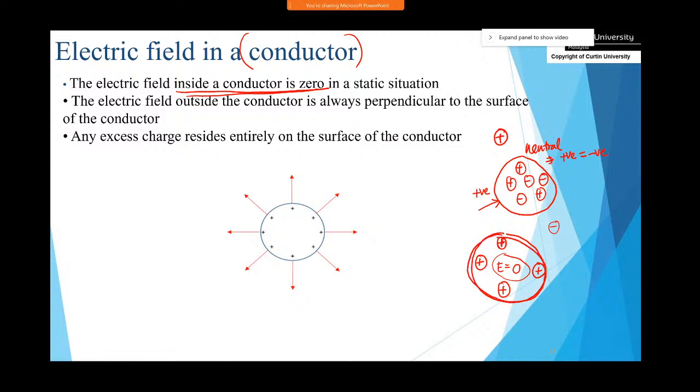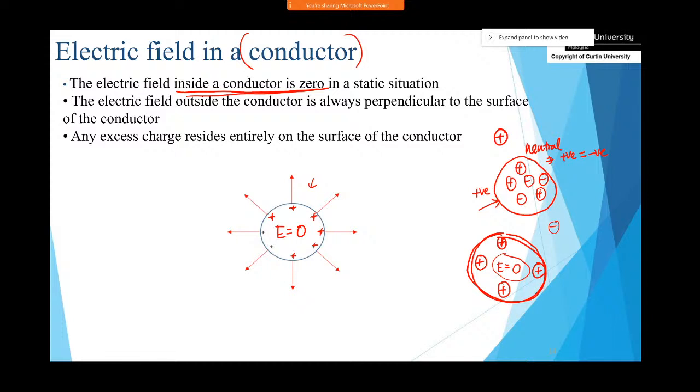So if you look at the diagram here, the surface of the conductor will be positively charged, whereas at the center here, you won't get any electric field because all the positive charge has been separated as far as possible, so there won't be any charge at the center. And because they are all positive charge, at the center region, there won't be any electric field.